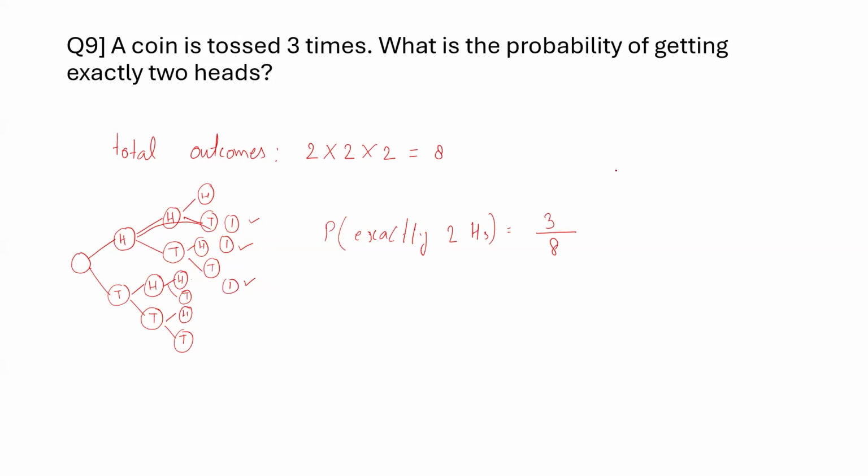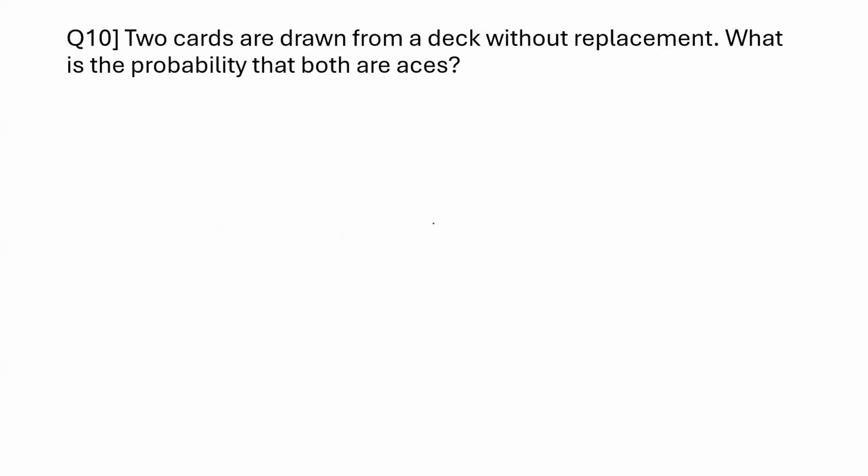Heads, heads, tail; heads, tails, heads; and tails, heads, heads. These are the only possibilities, right? So this is your final answer. Let's look at the next problem.